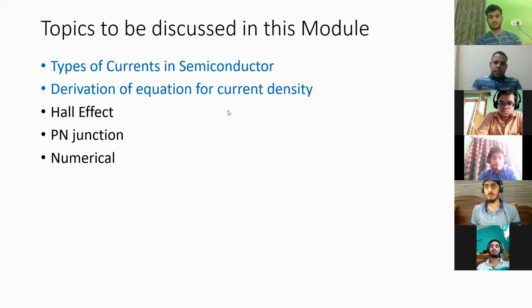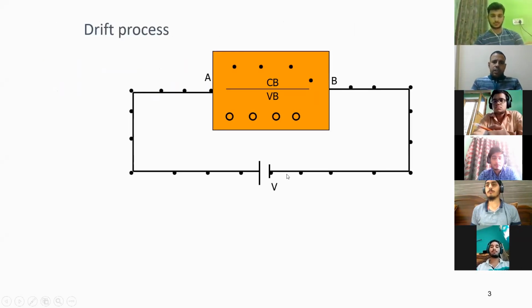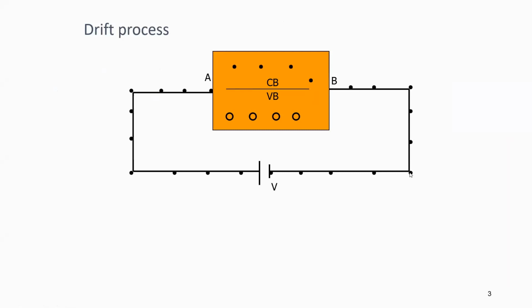So let's start with what we revised in the previous class. In the previous class, we studied the drift process. How does the drift process go? This is your circuit, and in between you are having holes, and these are electrons. You can see this animation. It's a very beautiful animation. This is your power supply.